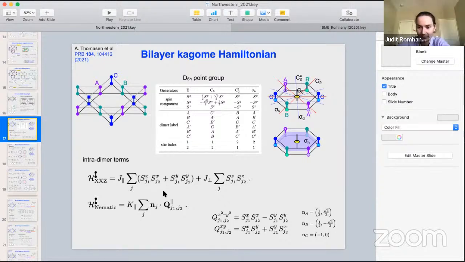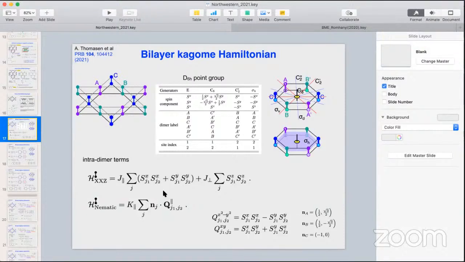I think in Shindou's first PRB of 2013, he talks about that: if you now obtain your Bloch Hamiltonian, you're going to see the appearance of a sigma 3. By the sigma 3, it means plus 1 in the particle space and minus 1 in the antiparticle space.